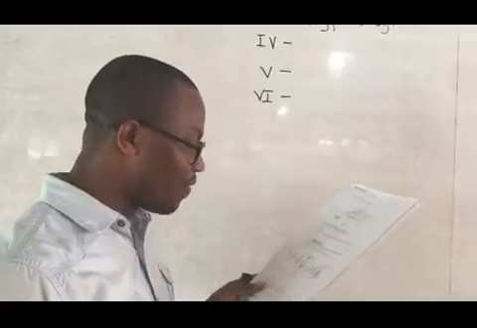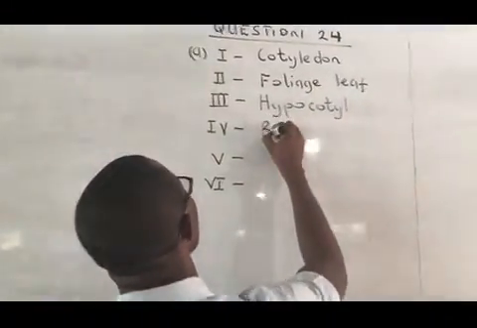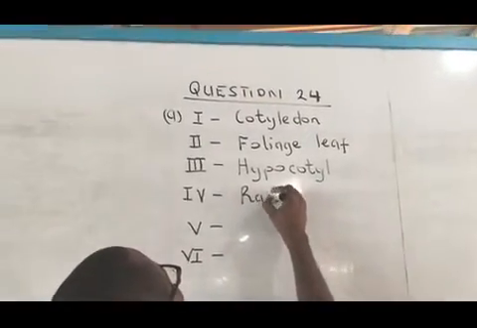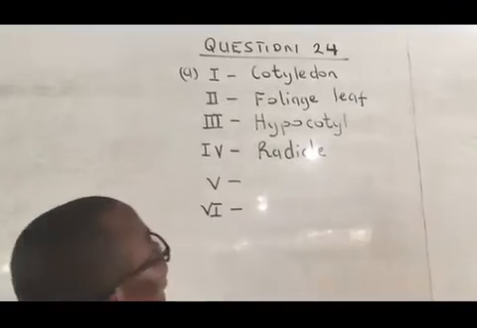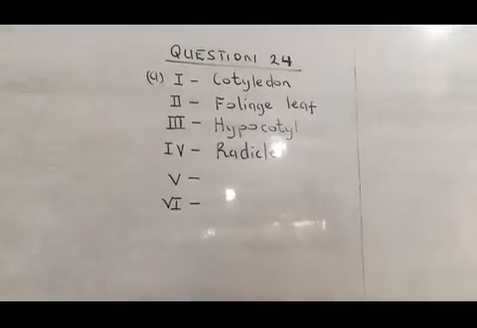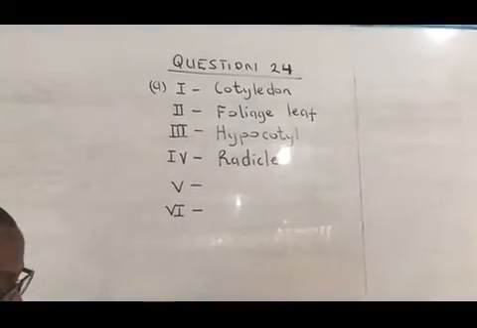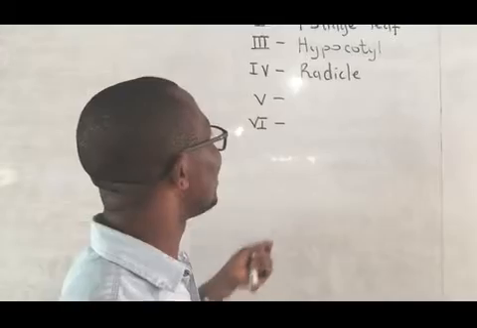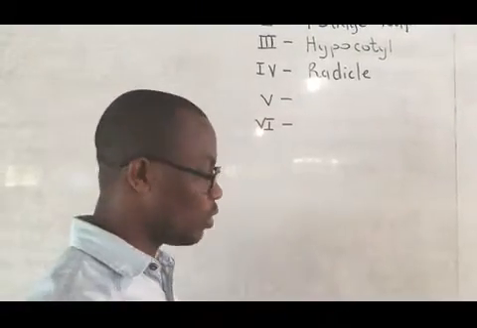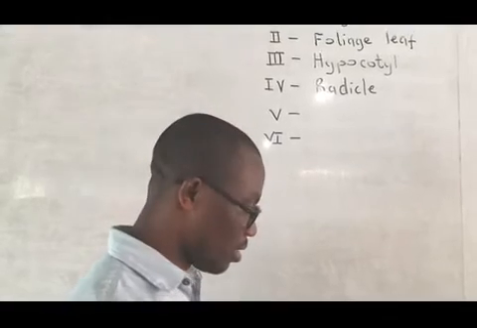And then the IV, that is the radicle. Radicle, that's the portion that develops into the root system. So when a seed germinates, the portion that grows and develops into the root system is what we call the radicle.